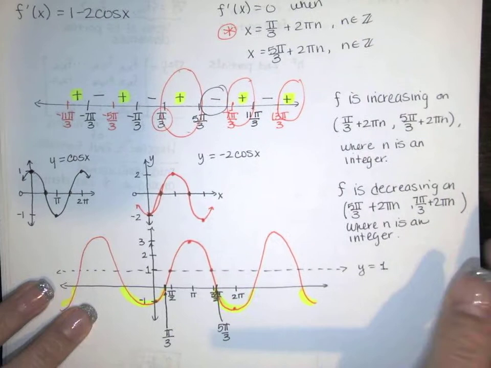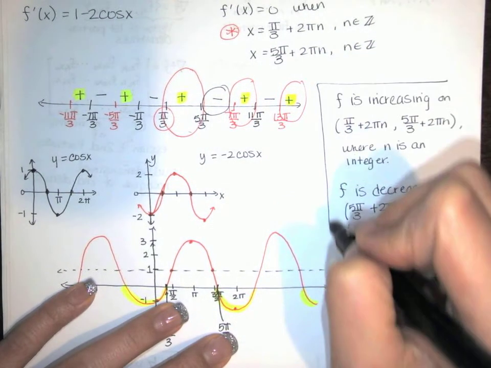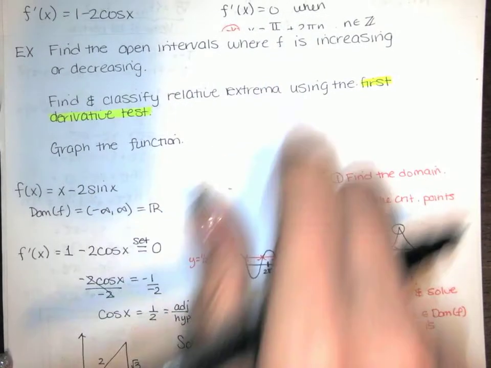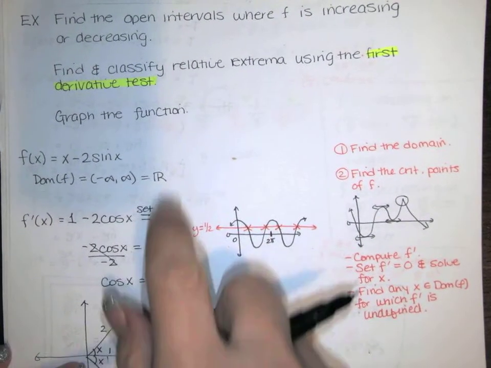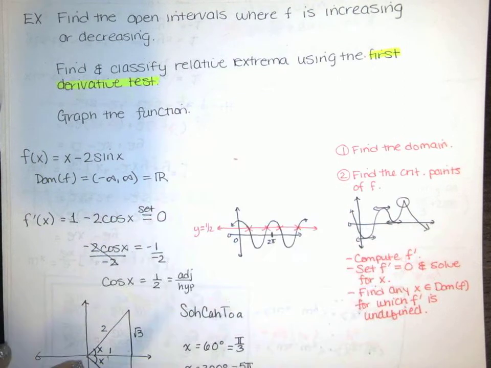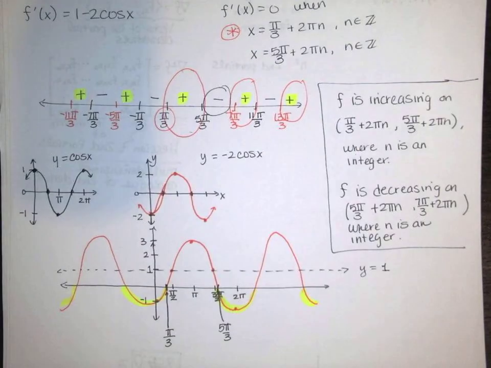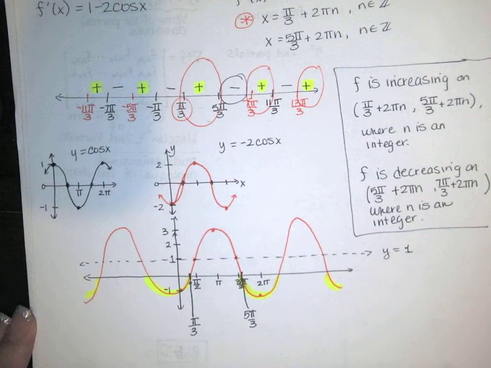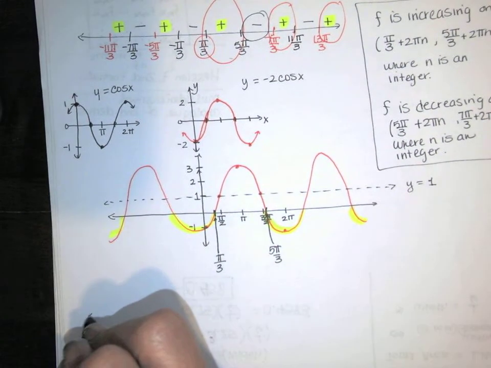Oops, sorry, that's off the screen. Okay, so we've answered the first question. It asks us to find the intervals where f is increasing or decreasing. Now we want to classify the relative extrema using the first derivative test. Well, I can see just from this number line where I have extrema.